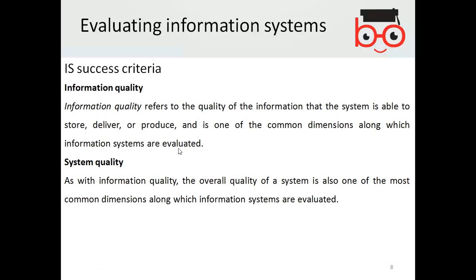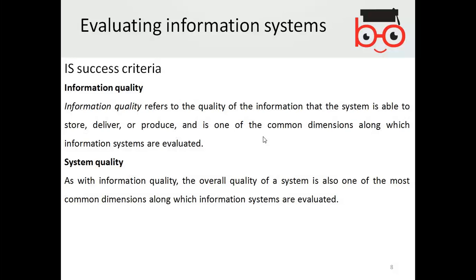So information quality refers to the information that the system is able to store, deliver, and produce. Whatever information the system has to store, deliver, and produce, these dimensions should have quality. System quality, as with information quality, the overall quality of the system is also one of the most common dimensions along which information systems are evaluated.